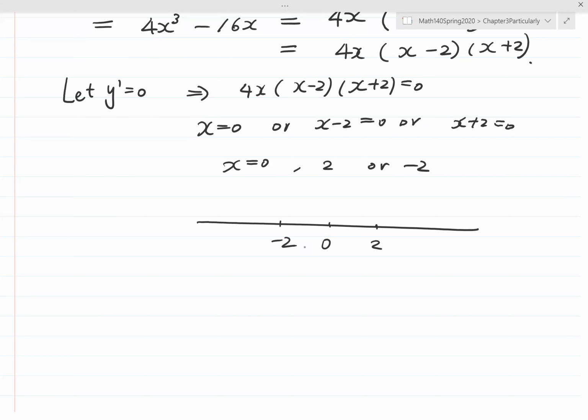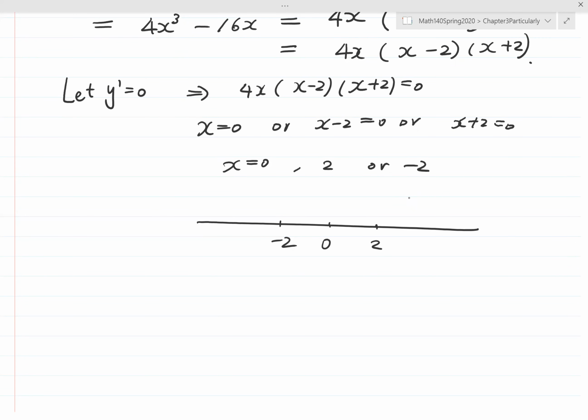Now how do we work this out? One way is you can plug in numbers from each interval and determine whether it's positive or negative by special value. Another method is this: first of all, if x is large, then it's positive, because every factor is positive if x is large.